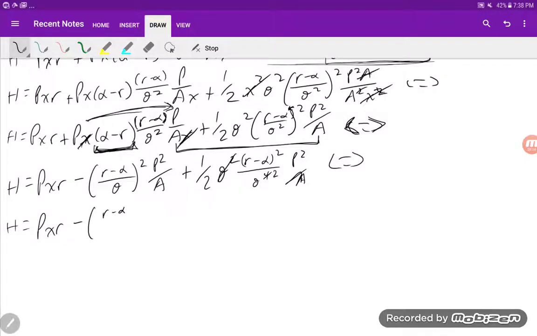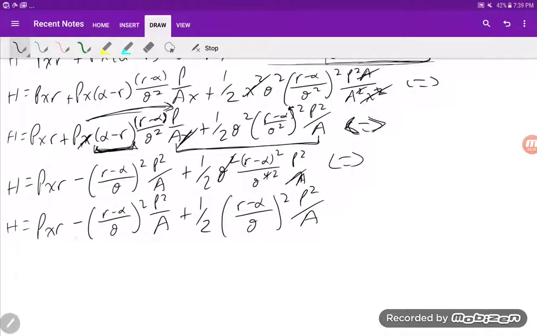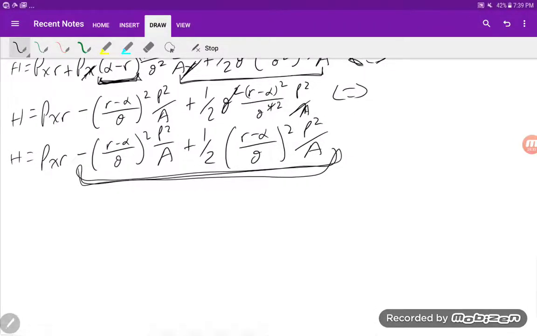Minus r minus alpha over sigma squared p squared over a plus 1/2. And then I'm going to do the same kind of form here, because this r minus a squared over sigma squared can likewise be written as r minus a over sigma squared p squared over a. And hey, what do you know? These terms, we can add these terms.